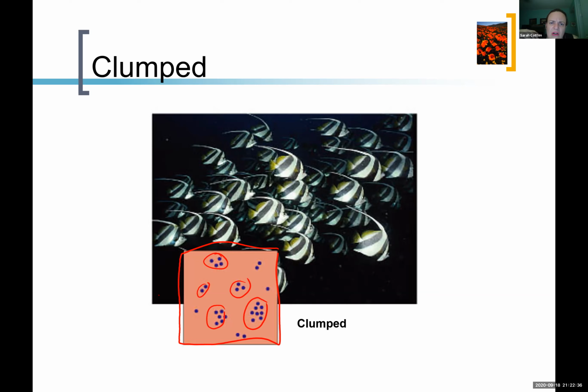They need to drink water, and they like to eat plants that grow in really aquatic places. So you would probably find a lot more moose around a lake than you would in a dry area. So they tend to clump around a resource, or around a food resource. Clumped dispersion patterns are very common.